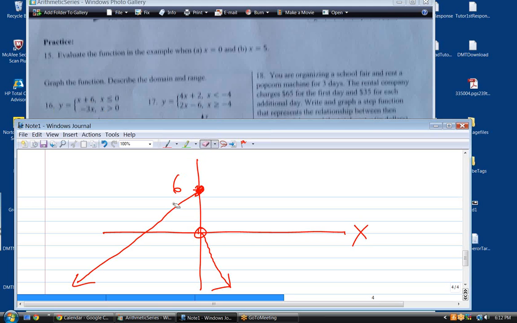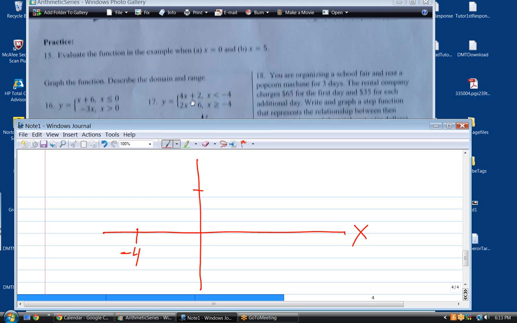Okay? Let's look at 17. Remember, we're going to start here. So our dividing point is at minus 4. And we only have two functions. We have everything to the left of minus 4, and everything to the right of minus 4. So the best way to draw that point is to substitute minus 4 into that function.